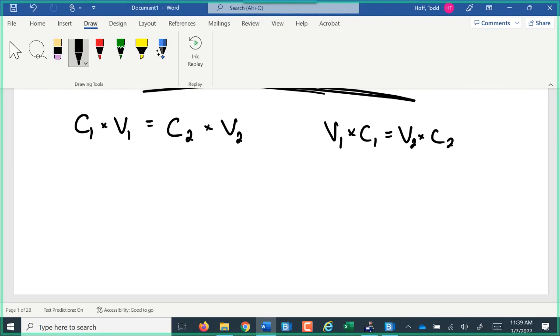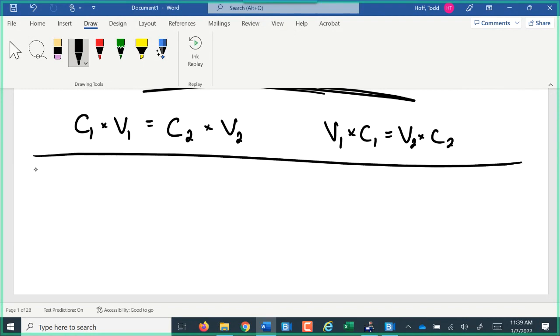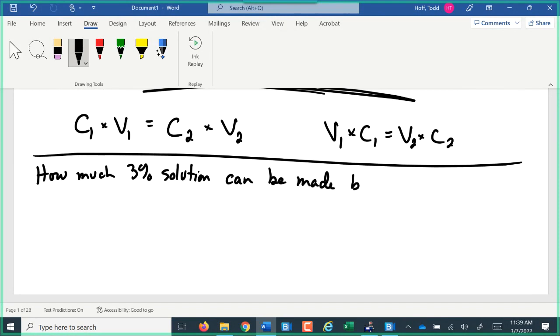And the way they were utilized is, we might ask how much 3% solution can be made by diluting 60 milliliters of 15% solution.